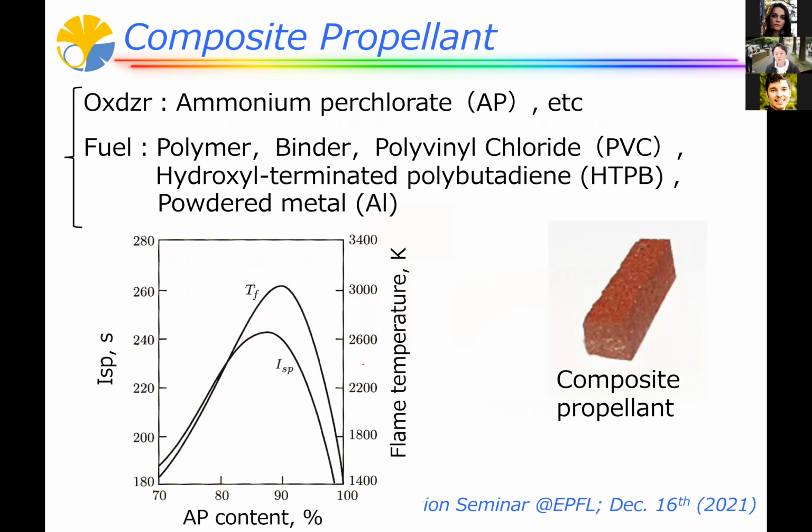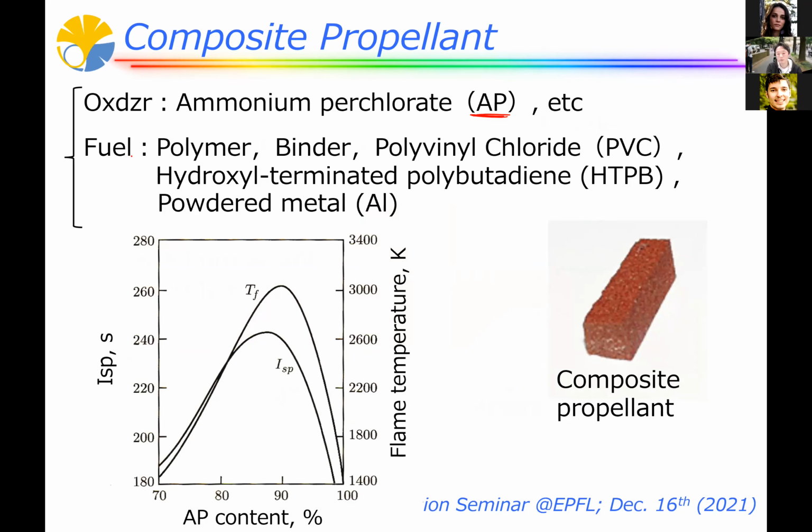In this slide, I'll show you one typical example of a solid propellant. It's called a composite propellant. The oxidizer is ammonium perchlorate, sometimes abbreviated as AP. And the fuel can be many types, such as polymer binders, PVC and HDPE. So a lot of kinds of polymers can be used as a fuel of the solid propellant.